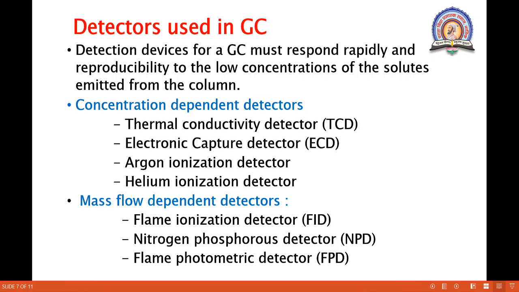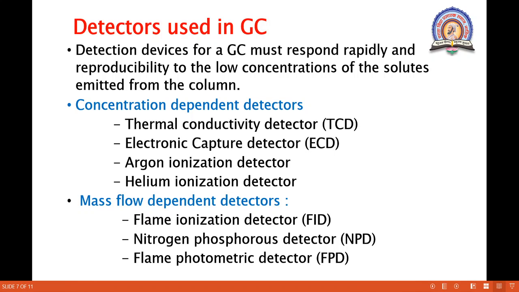Concentration dependent detectors include the thermal conductivity detector, electron capture detector, argon ionization detector, and helium ionization detector. While the mass flow dependent detectors are the flame ionization detector, nitrogen phosphorus detector, and flame photometric detector.